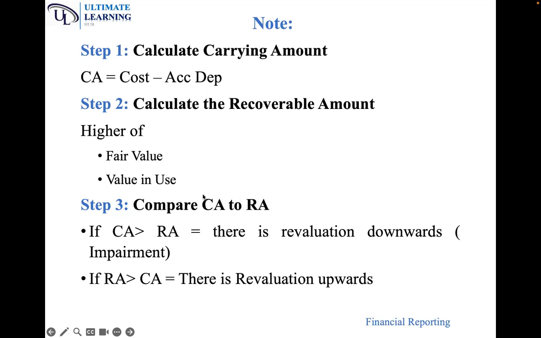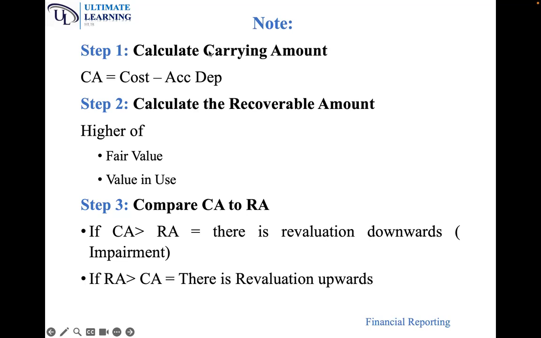Now, is it Richard who asked me that question? I'm answering you here before I go to an example. Richard, how do you know there is revaluation surplus? If the recoverable amount is more than the carrying amount, there is revaluation surplus. I'm repeating. If the recoverable amount, step 2, is more than step 1, there is a revaluation surplus.